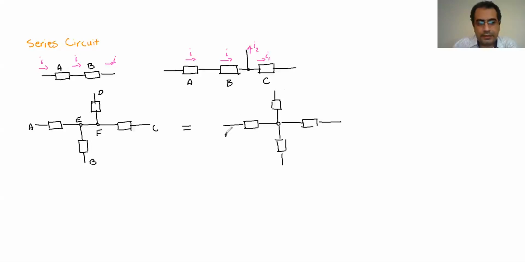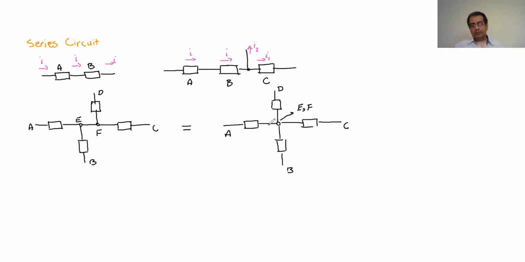So if this is A, this is B, this is C, and this is D, and here are E and F, I just put E and F on top of each other. I remove the EF wire, I put them on top of each other. These two are the same because that wire doesn't do anything.